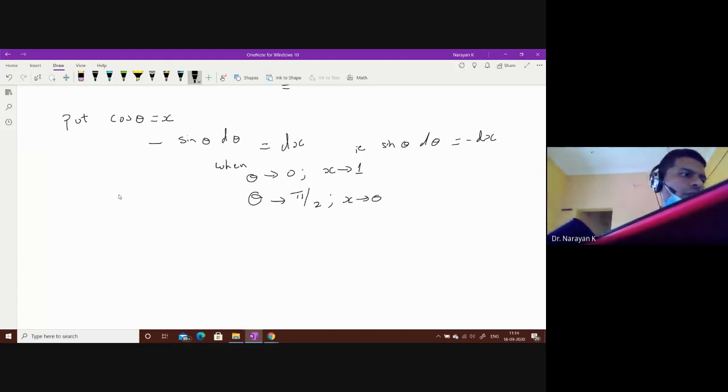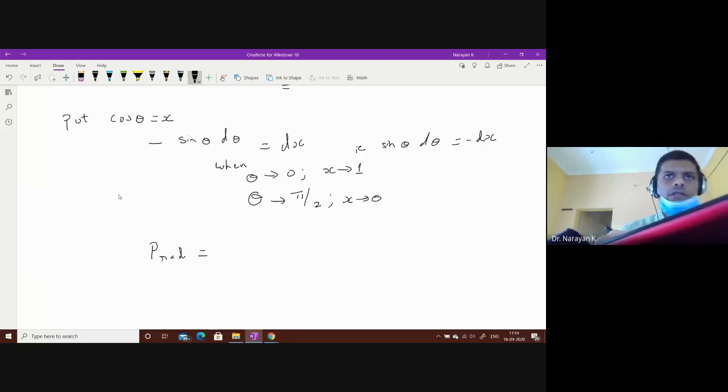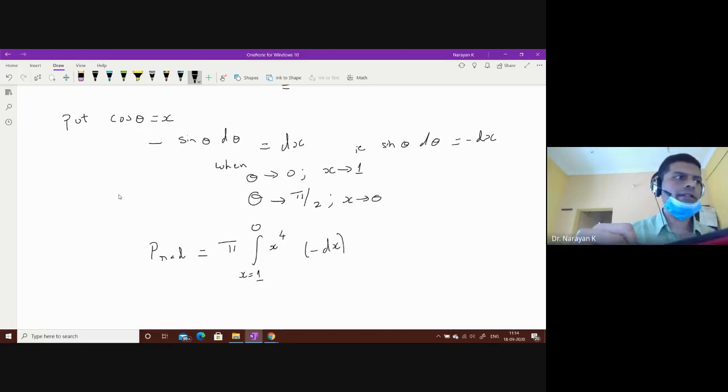So totally, what you will get here, power radiated is equal to pi, x varying from 1 to 0, x to the power 4, minus dx.